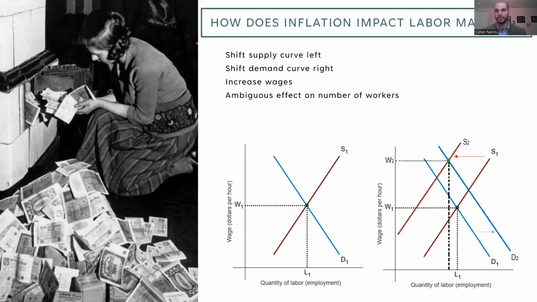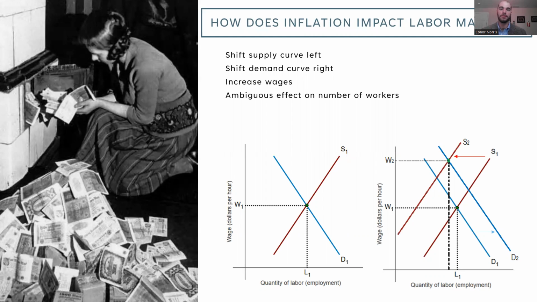In this example I created, the consumer prices increase a little bit more than the producer prices, but this doesn't have to be the case. If the producer prices increase more than the consumer prices, then we would see the opposite effect on the quantity of labor in this new equilibrium. It would actually increase instead of decrease.